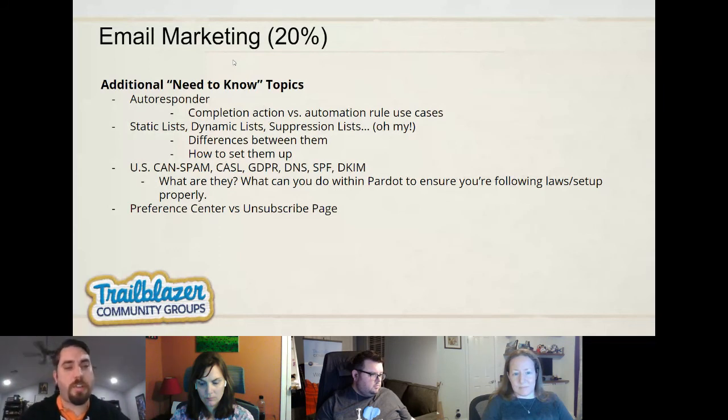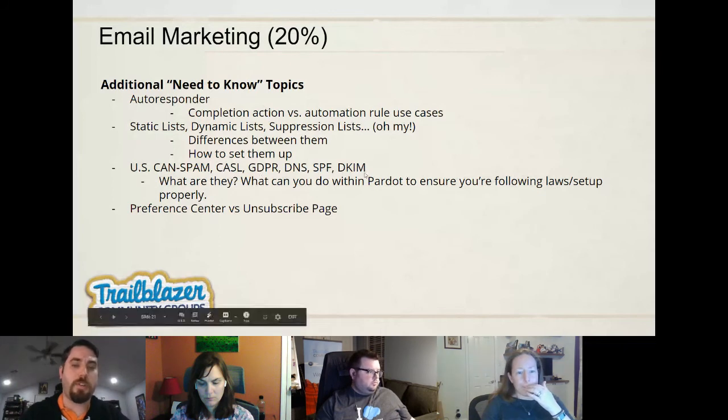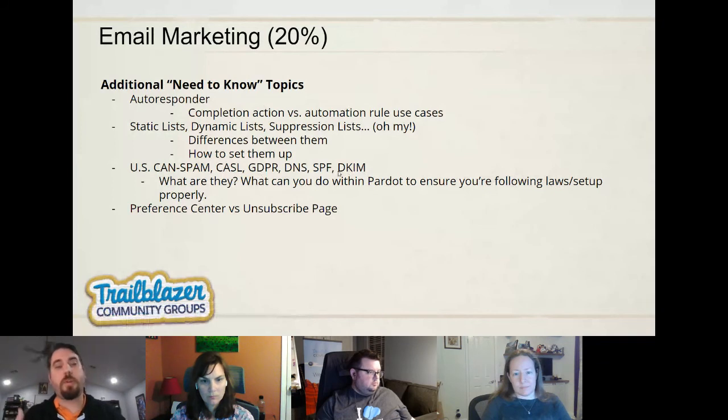This section right here is extremely important. Be sure that you know, at least, what those mean, and what you can do to ensure that you are following those rules. The first three, CAN-SPAM, CASL, and GDPR, are privacy laws.